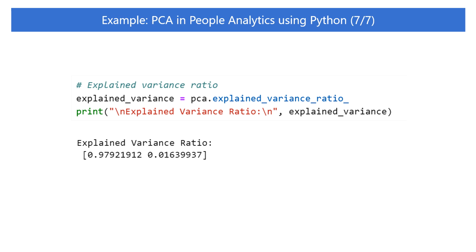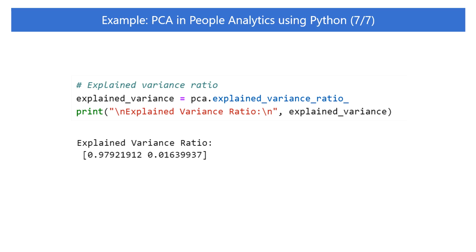It outputs a list containing values of 0.979 and 0.016. It means that the first principal component captures around 97.9% of the variance, and the second principal component captures around 1.6% of the variance.